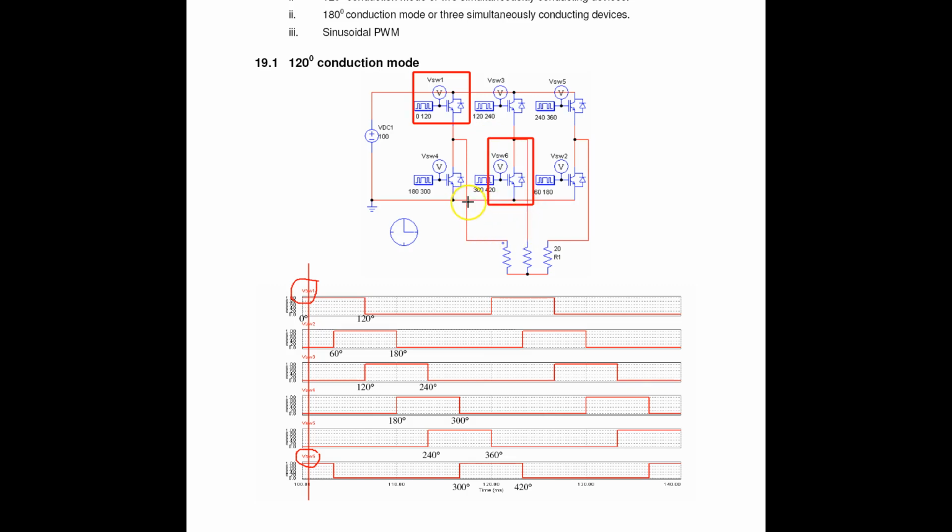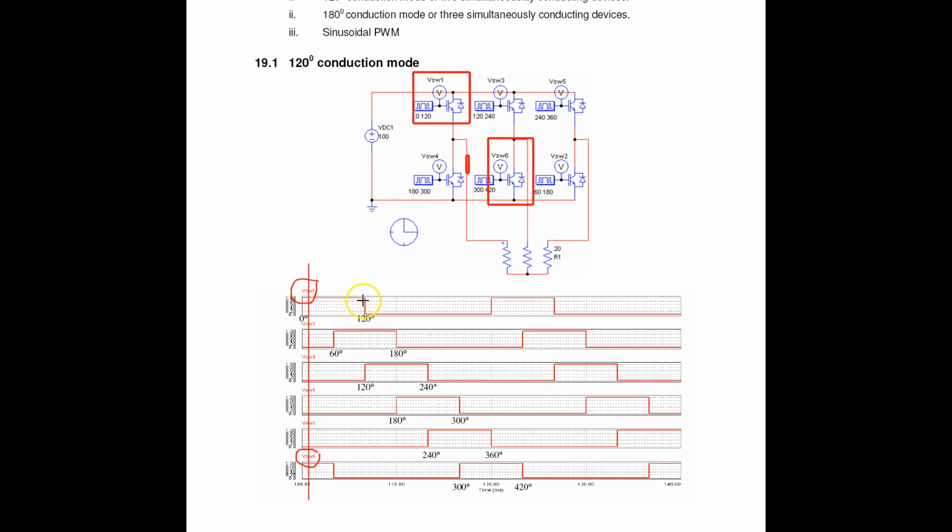So we're going to see that the flow of the current is from the supply voltage VDC through switch 1 and then through that path, go straight to the phase 1 resistor, and then come back through the phase 2 resistor, then go through that point, through switch 6 and come back to the negative polarity of the VDC.